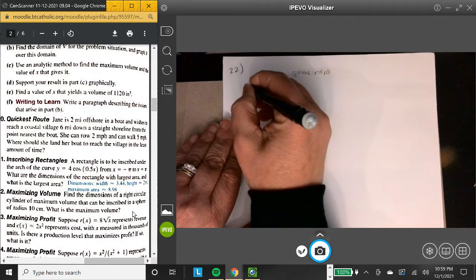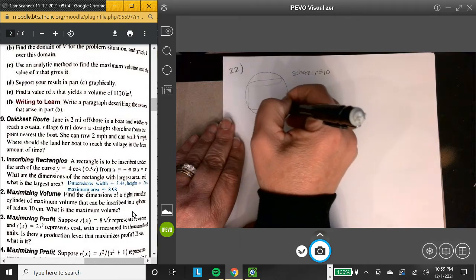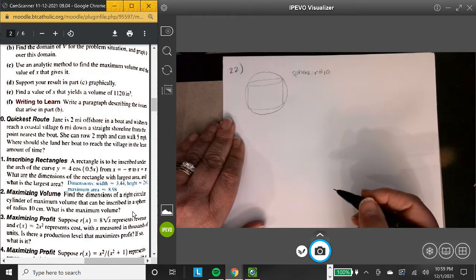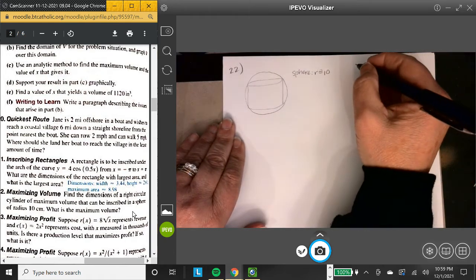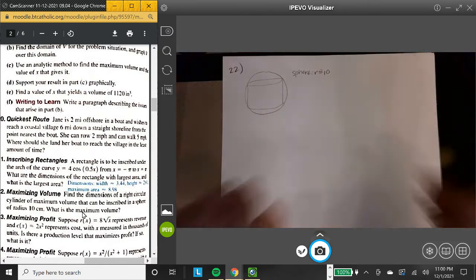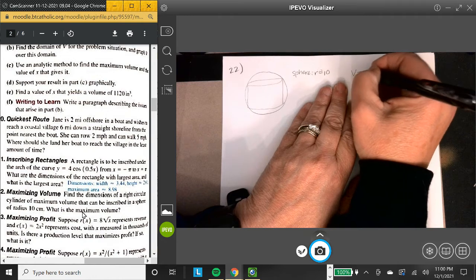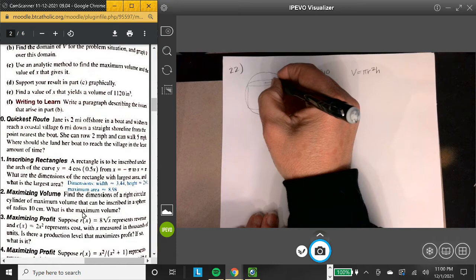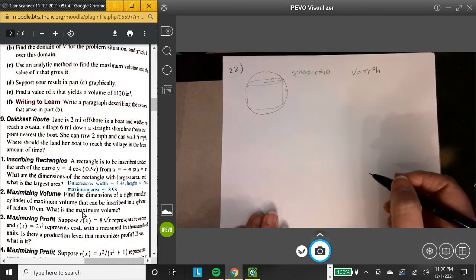And it's not going to be a perfect picture. I'm just not going to lie. There it is, right? And what's hard about this question is we want to maximize the volume of the cylinder. Well, what is that volume? Volume is pi r squared h, where this is r and this is h.